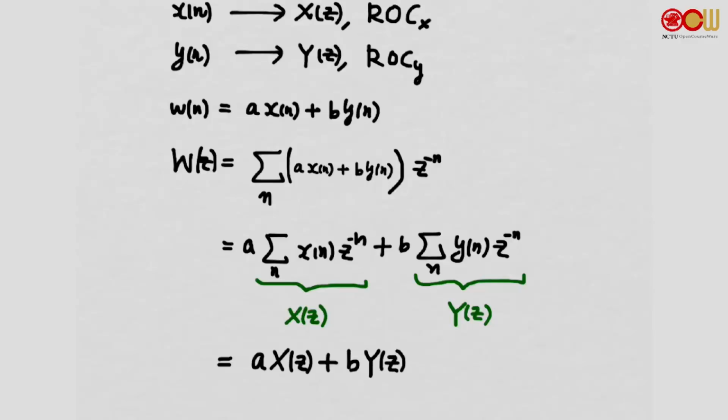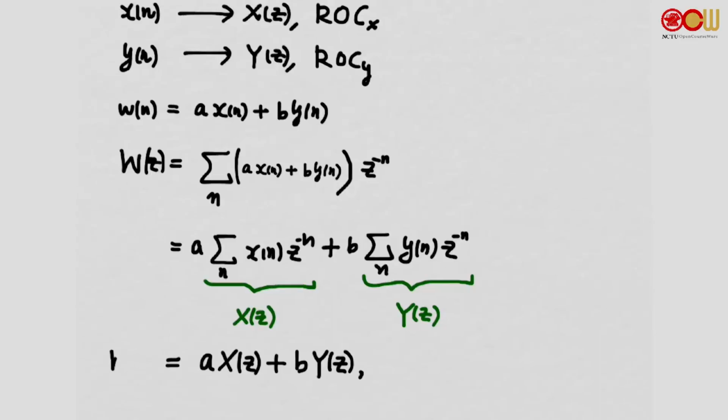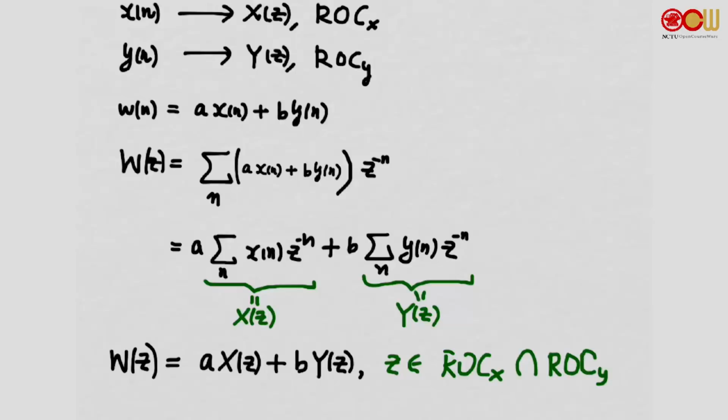How about region of convergence? W(z) converges to the linear combination aX(z) plus bY(z). If this term converges to this term and this term converges to this term, that means whenever z is in the region of convergence of x and the region of convergence of y, then W(z) will converge to this expression.